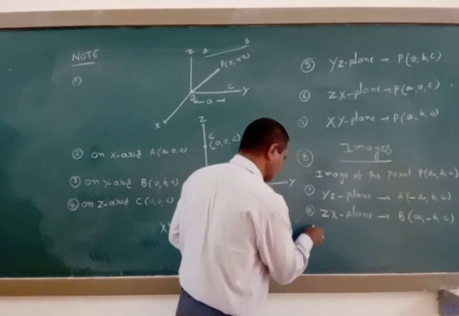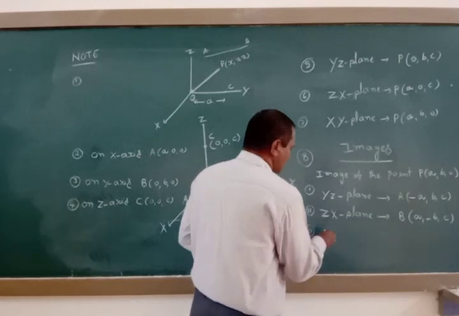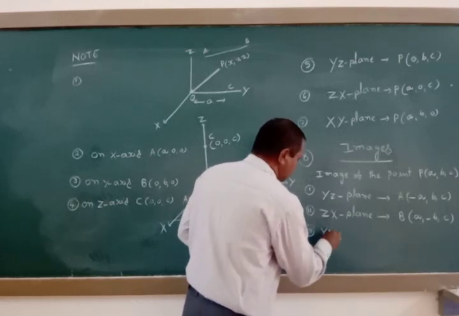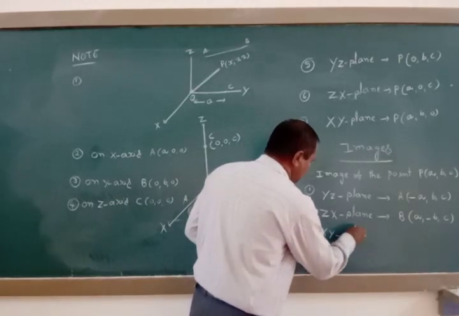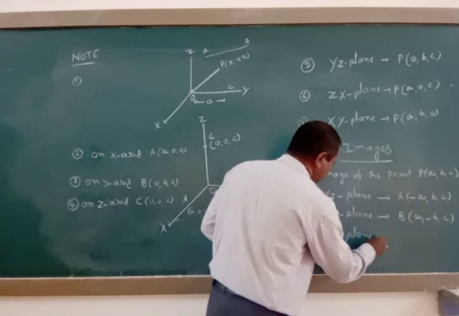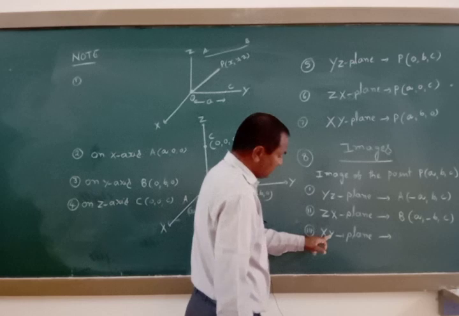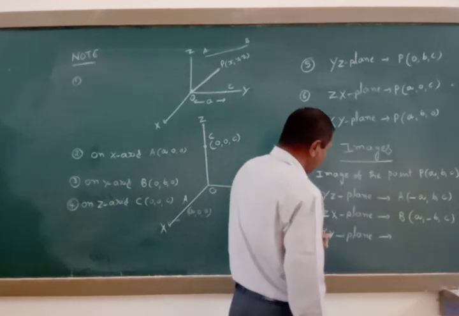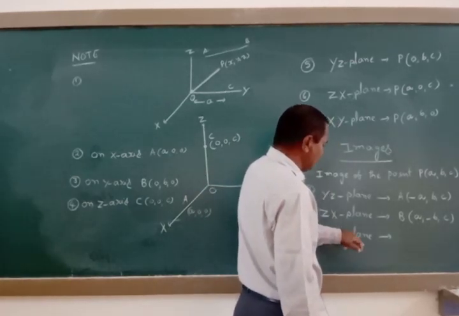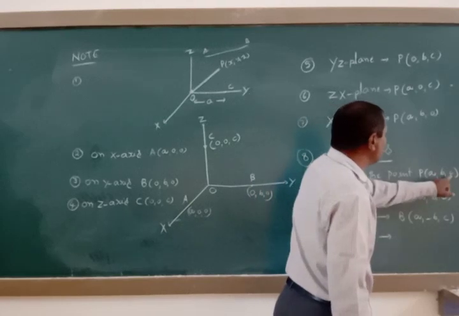Third, the XY plane. In the XY plane, we will not get the z term. Z term means the third coordinate, so we must take the opposite sign to the third coordinate.